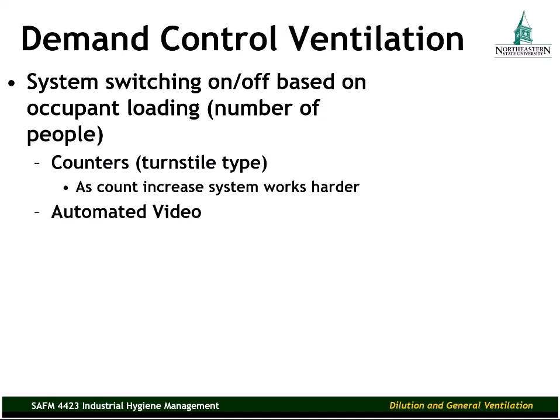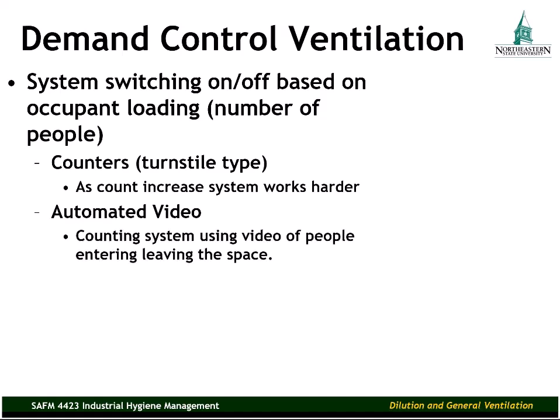There are also automated video systems where you're using video and computer programs that are counting people as they enter and exit a space. It starts with video surveillance, and then the system is set up to observe the video, count who's coming and who's going, and then make adjustments to the airflow into the space.